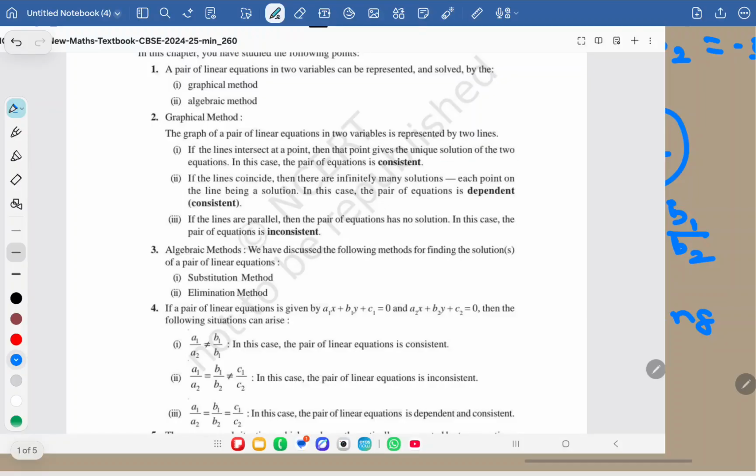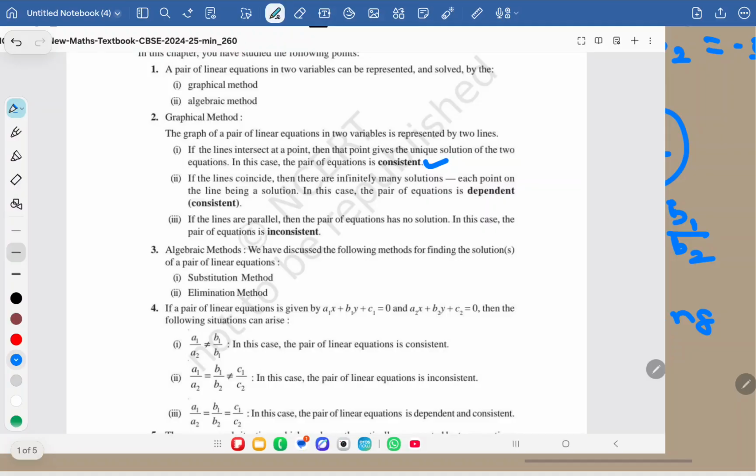In this case, the pair of equations is consistent. Here in problem 3, we only have to say whether the equations are consistent or inconsistent. Don't go for the graphical method to get the solution. Only after seeing the equations, decide whether the pair of linear equations in two variables is intersecting, coincident or parallel.